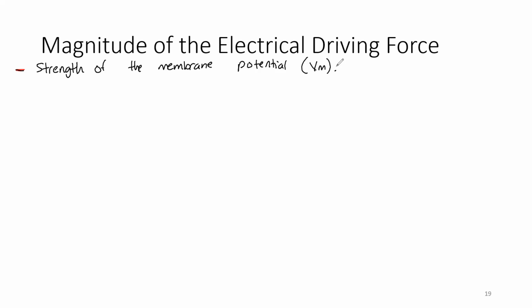You can have a small or weak force where the particles want to get over to the other side, or a really strong force where the particles really want to get to the other side. So there's some gradation in how strong that force is that wants to move those particles. Now, the strength will depend on the amount of charge. Actually, let's write that out in full here.